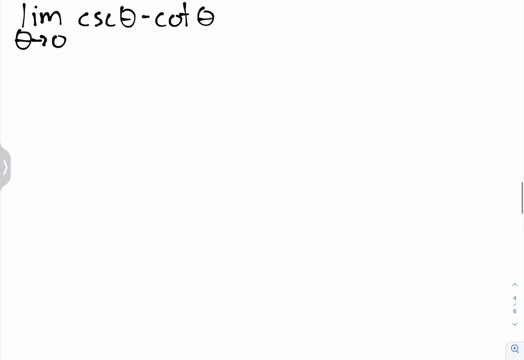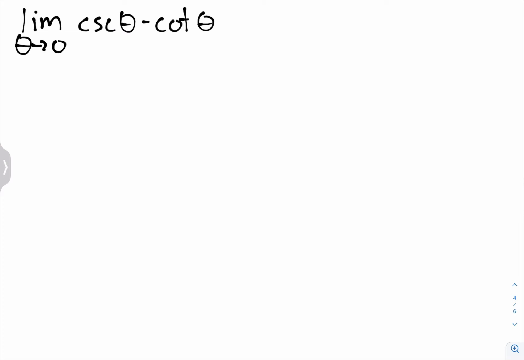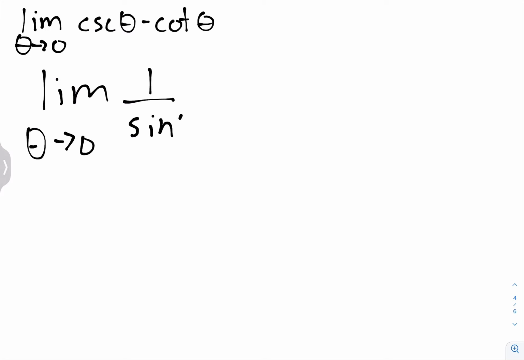Okay, limit as theta approaches 0 of cosecant theta minus cotangent theta. So instead of getting right into the quotients, let's just think about what cosecant means. Cosecant is really just 1 over sine theta minus, and then cotangent is just cosine theta over sine theta.